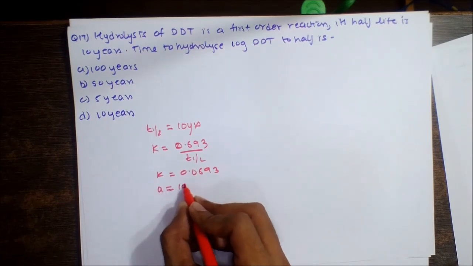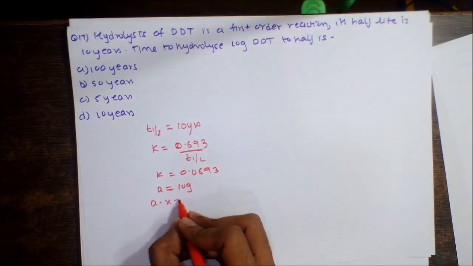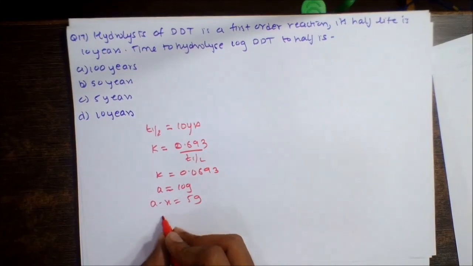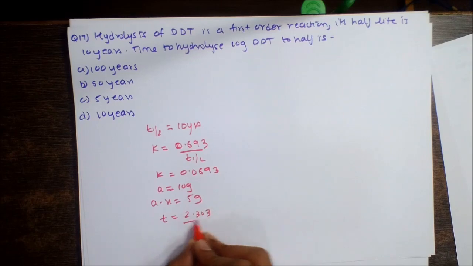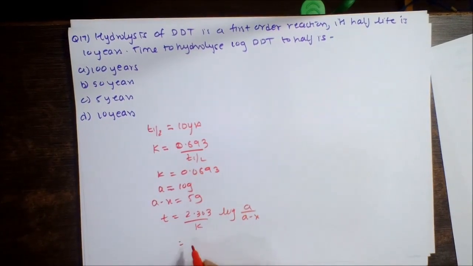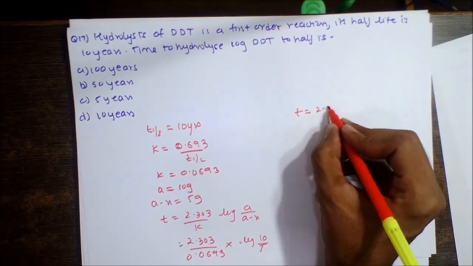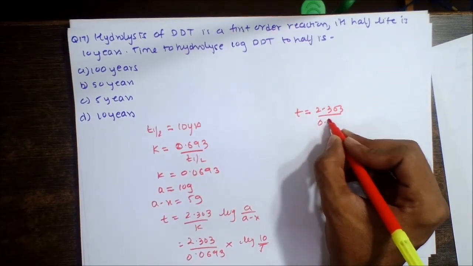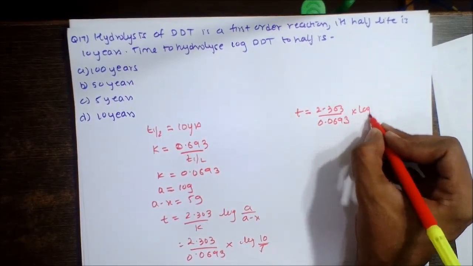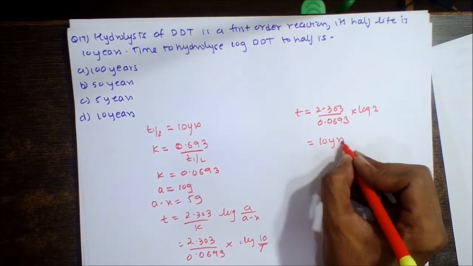Initial concentration is 10 gram and final concentration has to be halved, so A minus X would be equal to 5 gram. T would be equal to 2.303 upon K log A upon A minus X, which equals 2.303 upon 0.0693 into log 10 upon 5. T equals 2.303 upon 0.0693 into log 2. So the final answer on solving this will be 10 years.